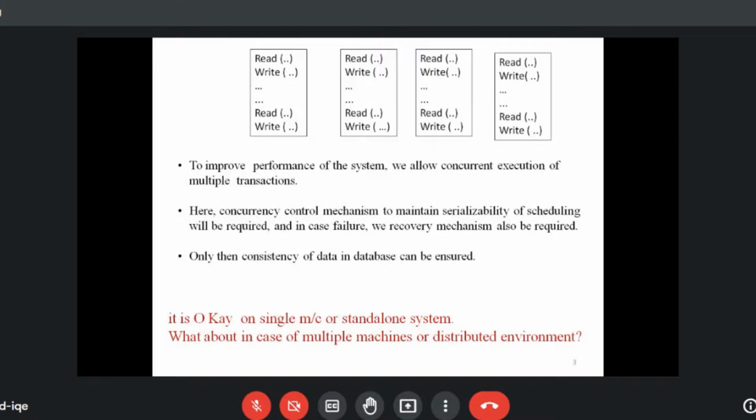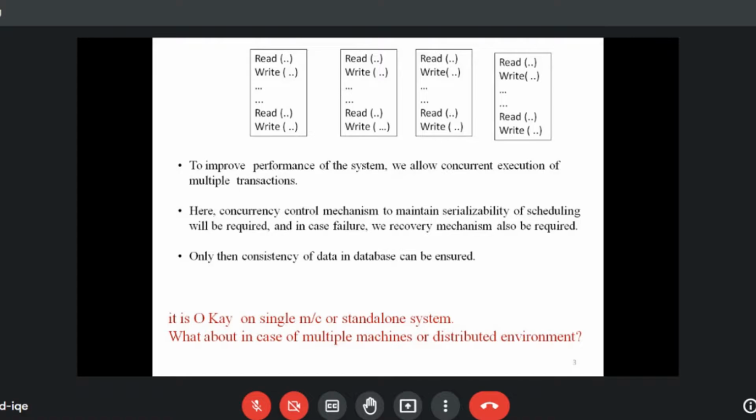That means the transactions are being executed concurrently, but their effect is equivalent to the serial execution of the transactions one after the other. It is called serializability. To improve the performance of the system, we allow concurrent execution of multiple transactions, so a concurrency control mechanism will be required.